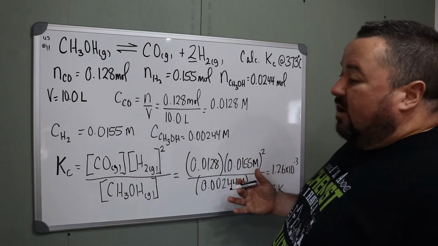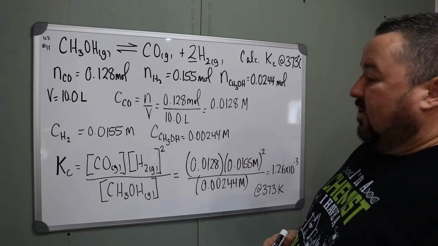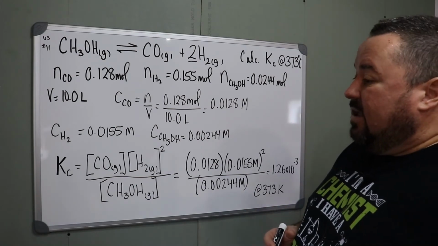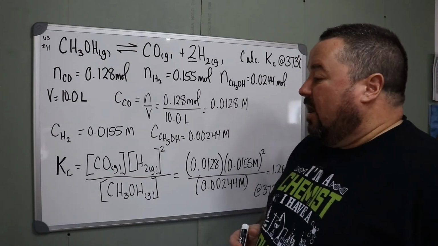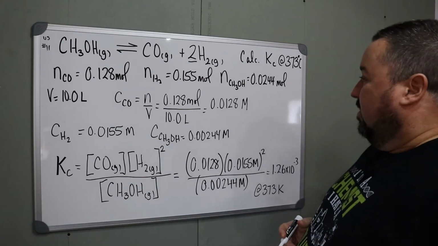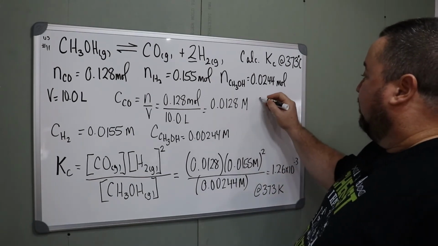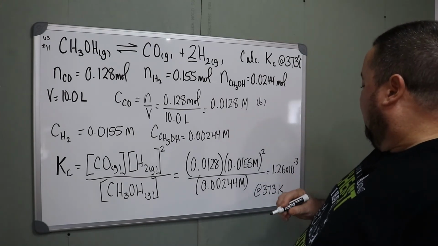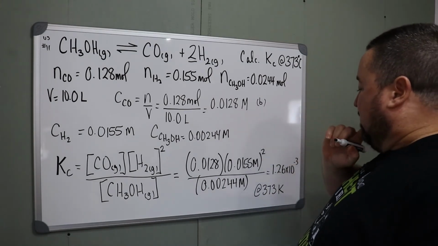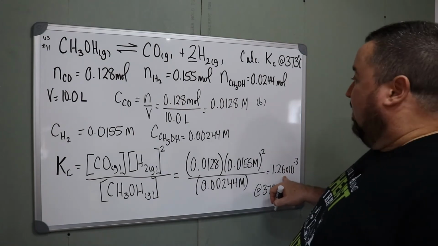So once we've done all this, then we're asked to say whether, in part B, reactants or products are favored and why. So in part B, we can look at this value and say that we have a very small number here, less than 1.